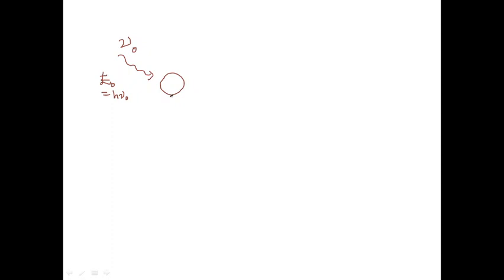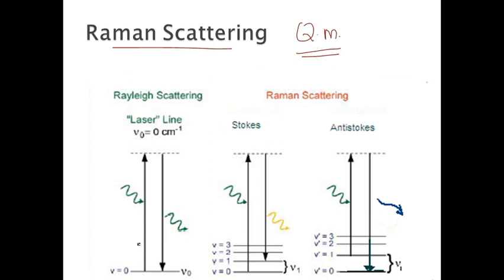Sometimes this sample or this molecule might scatter off this light with the same frequency itself, so that the output energy is the same as the input energy. This kind of scattering results in Rayleigh scattering, where the input color and the output color are just the same. As you can see, this picture depicts the excitation process.